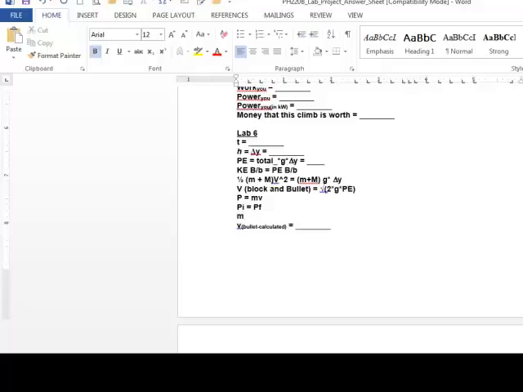So the mass of the bullet times the velocity of the bullet has to equal the total mass times this capital V, which we just calculated there. So then you're going to get a relationship that the little v is the total mass over the smaller mass times V.